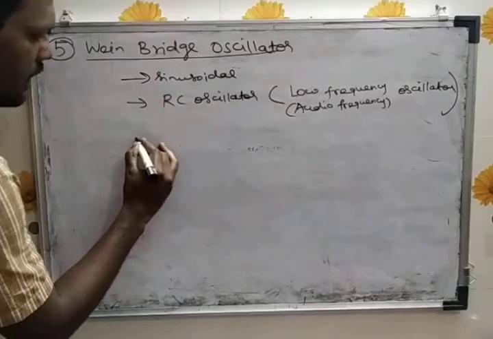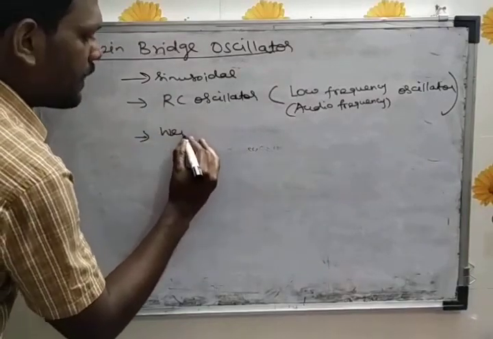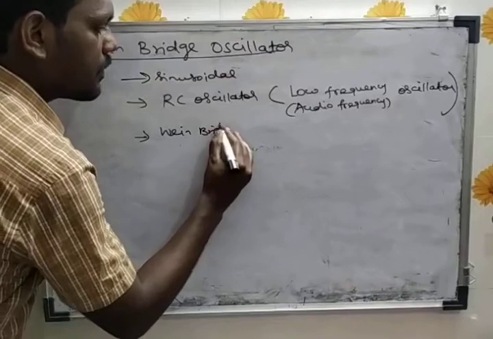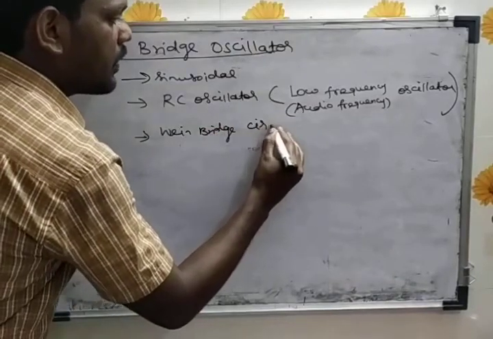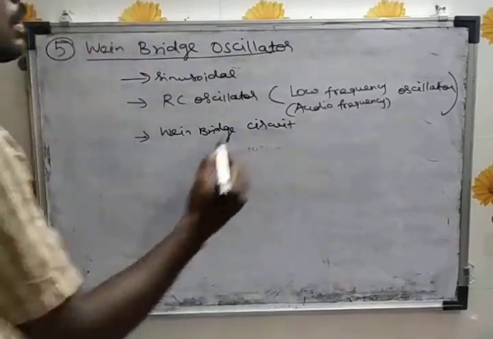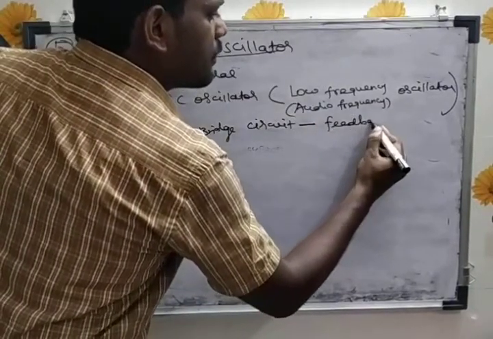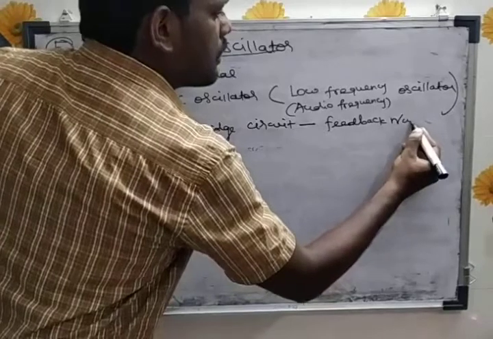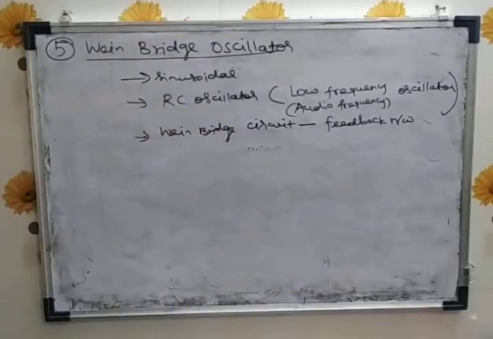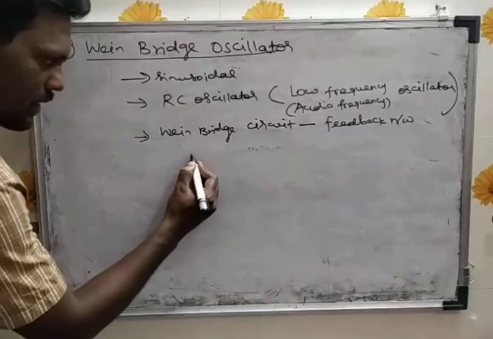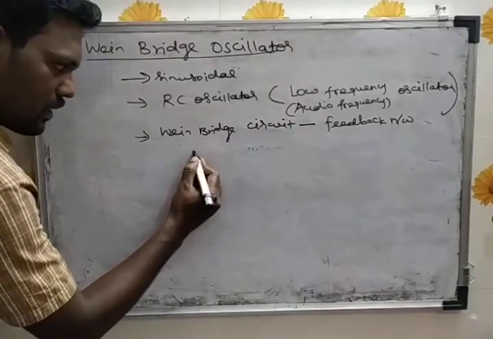In the Wien-Bridge oscillator, the Wien-Bridge circuit is used as the feedback network. So already we know the Wien-Bridge circuit. The Wien-Bridge circuit has 4 arms.